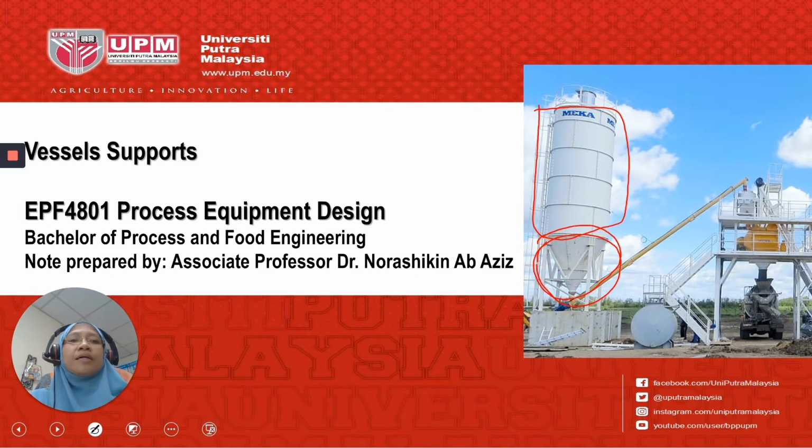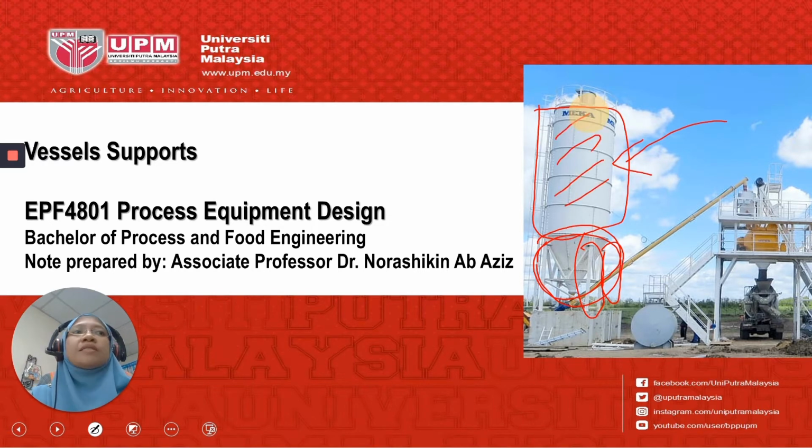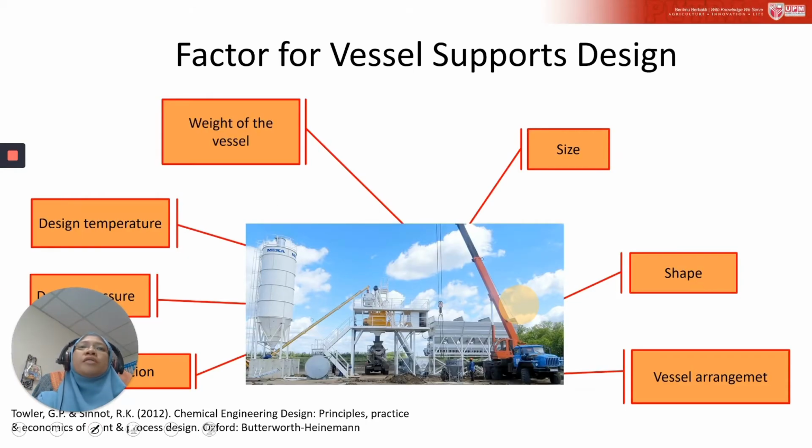Other than that, you also need to design the support, and there are several types of support. You also need to know how to calculate the thickness of the cylindrical shell, and the calculation for the base of the vessel. For this topic, we will have a look at vessel supports.